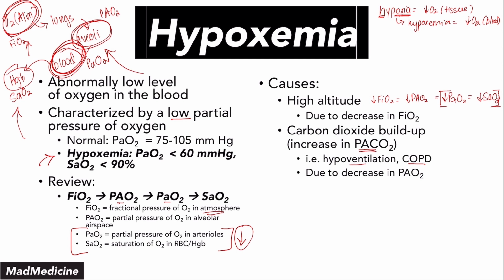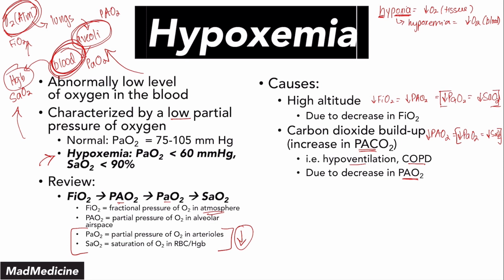And when carbon dioxide goes up, you are going to have a decrease in PaO2. So even though FiO2 in this condition could be perfectly fine, could be normal, PAO2 is going to be low, which means you are going to have low arterial oxygen, or partial pressure of oxygen in the arterioles, and you are going to have low oxygen saturation in the bloodstream, which means you will have low oxygen, and which means you will be hypoxemic. So that can cause it as well.